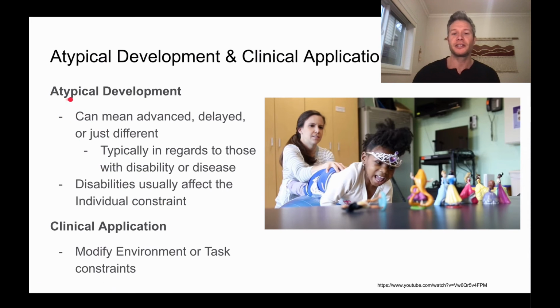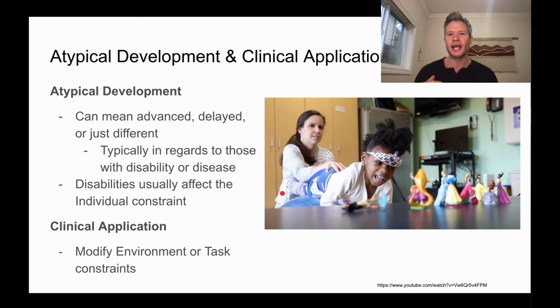So again, just to define atypical development, it just means a different form of development. Sometimes it means advanced, but a lot of the times in clinical situations, you're speaking about a delay, and it usually relates to disability or disease. So here in this photo, we have this girl and physio, and perhaps she's trying to get back extension. The physio's trying to get this girl to work on her back extension. So what can you do?